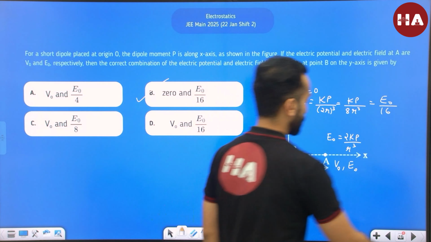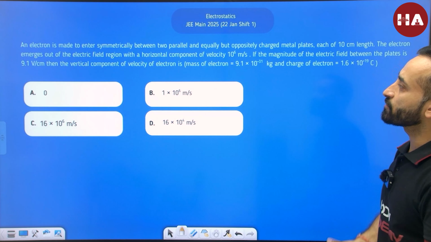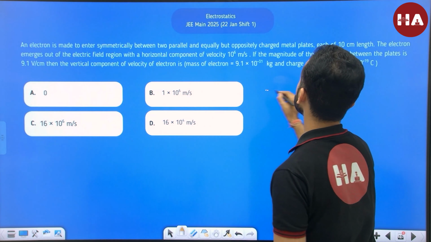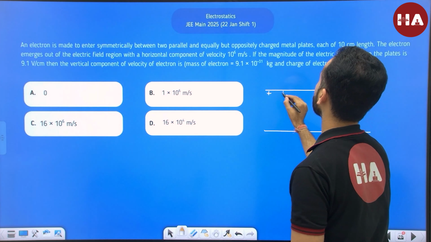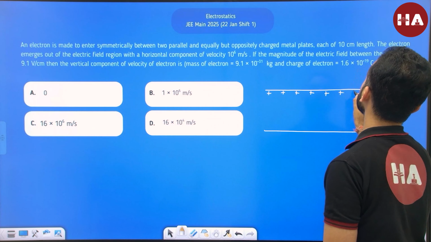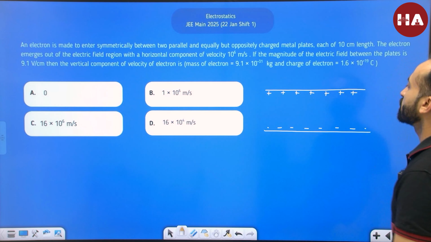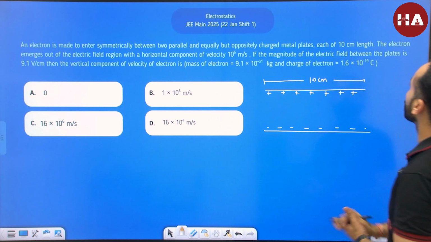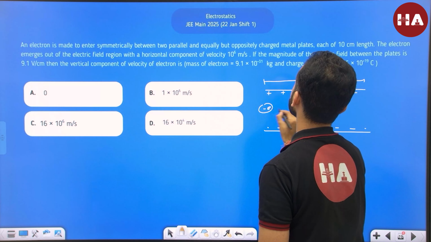Right, so the next question is 22nd January shift 1. An electron is made to enter symmetrically between two parallel plates. All right, so there are like two parallel plates. Let's say one of the plates is positively charged and the other plate is negatively charged, right? And each of these has a length of 10 centimeter or 0.1. So far so good. There is an electron, of course it is projected.